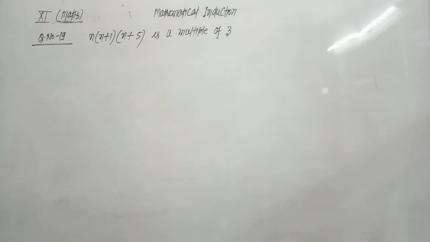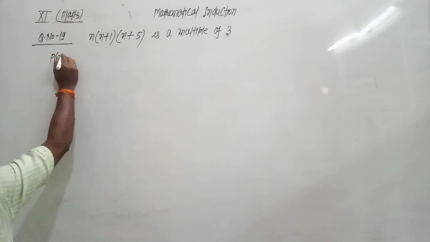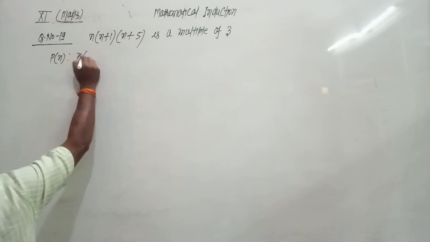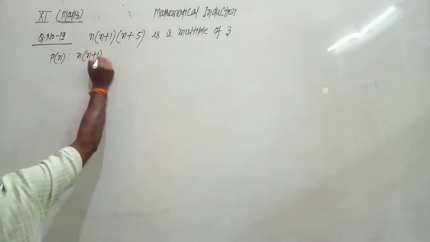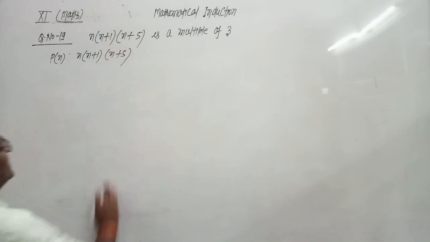So we suppose Pn such that n into n plus 1 and n plus 5 is a multiple of 3.